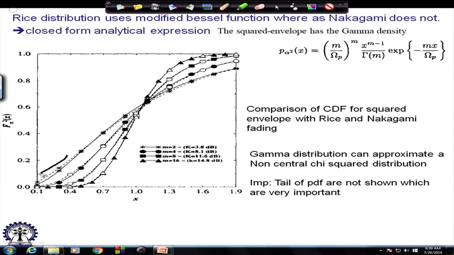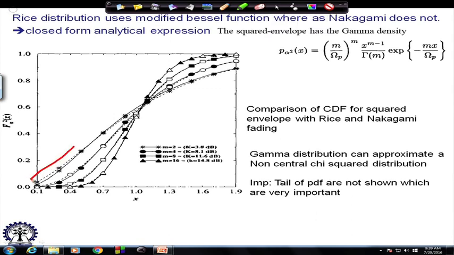So, we would clearly identify the gap, and this particular result is for m equals 2, but as we increase the Rice factor, this gap decreases. So, when it is closer to Rayleigh, the gap is larger, as can be seen in the upper portion of the distribution also.